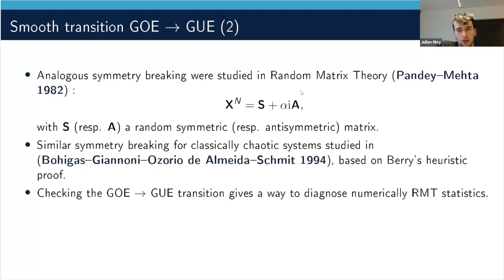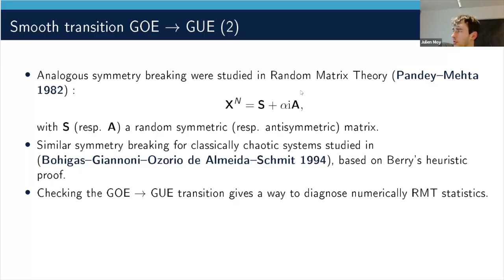And actually, this is a remark that they make in their paper, which I found pretty relevant: if one aims at checking the Bohigas-Giannoni-Schmit conjecture numerically, one has to check numerically this transition too. So this gives a new way to diagnose statistics from a random matrix theory by checking that this transition between GOE and GUE happens continuously.